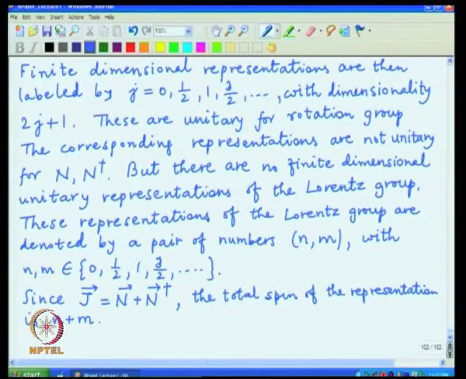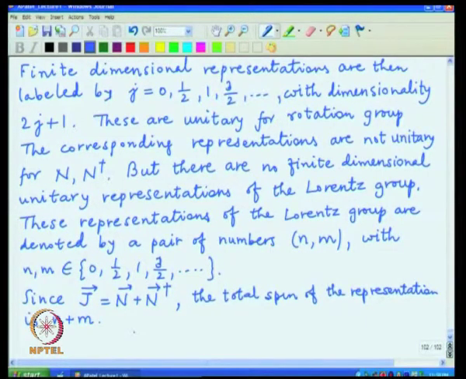What about the other property, which essentially can be interpreted as a difference between N and N-Dagger? That can be easily seen by looking at a transformation which can interchange N and N-Dagger. These transformations are again very easy to construct. We know the properties of N and N-Dagger under the discrete symmetries. Under parity, J does not change, but K changes its sign.